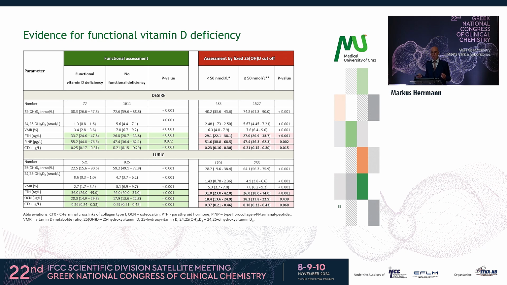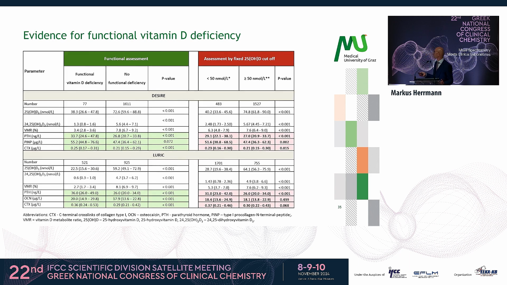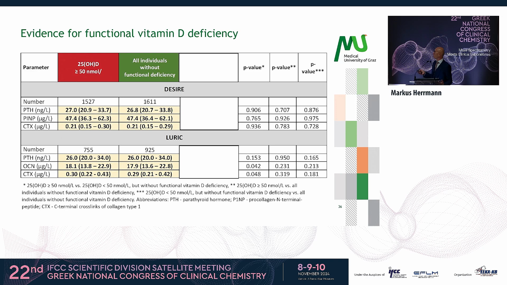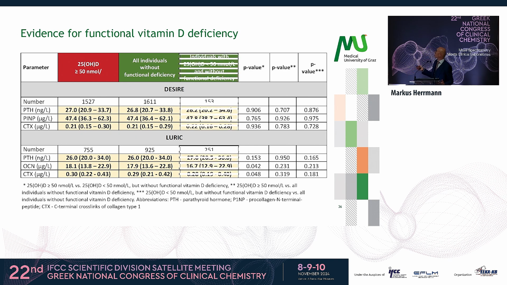And accelerated bone turnover is an established risk factor for osteoporosis and fractures. In contrast, vitamin D sufficient individuals had comparable PTH and bone turnover marker concentrations regardless of the approach used, which means we don't miss anything here. Even in the group with deficient 25-hydroxyvitamin D concentrations, but no evidence of functional vitamin D deficiency, PTH and bone turnover marker levels were almost identical.